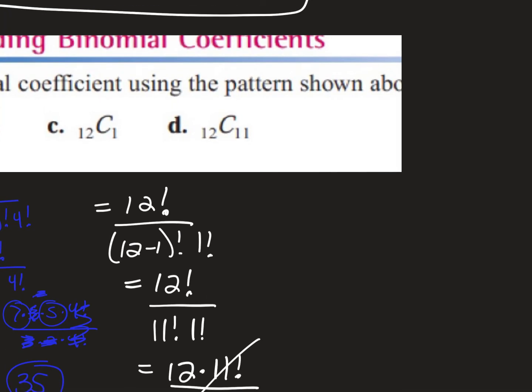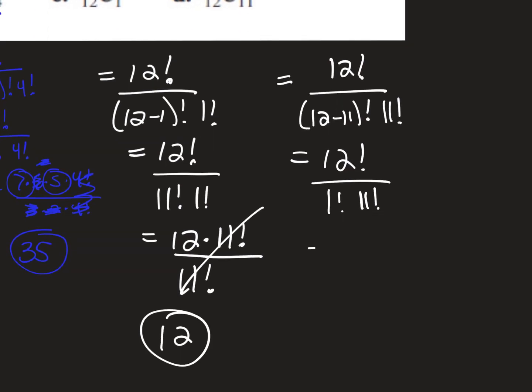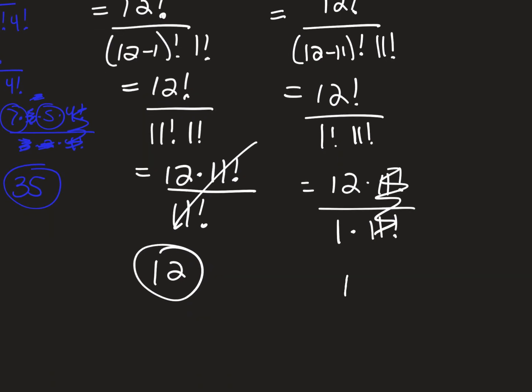And then for D, my n value is 12 and my r value is 11. So I have 12 factorial over 12 minus 11 factorial times 11 factorial. So we have 12 factorial over 1 factorial times 11 factorial. This gives me 12 times 11 factorial over 1 times 11 factorial. My 11s cancel out, and look here, we have, again, the answer, 12.